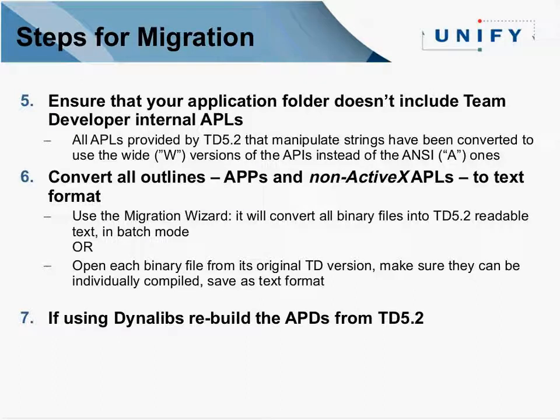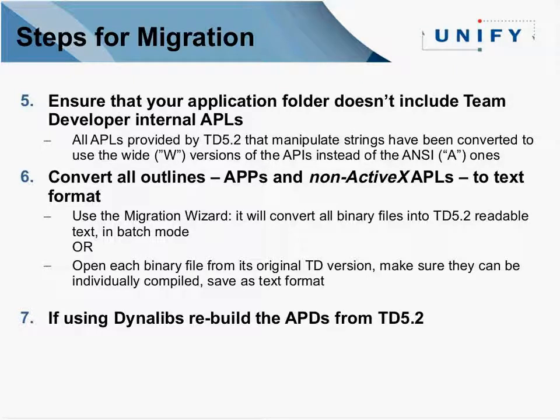Now, if you don't want to use the wizard, or if you only have a few files, you can do the same manually. You can open each binary file from your original TD version, make sure they can be compiled, and then just save as text format. That will do the same job as the migration wizard. Like I said, we're going to talk about ActiveX APLs in a few minutes.